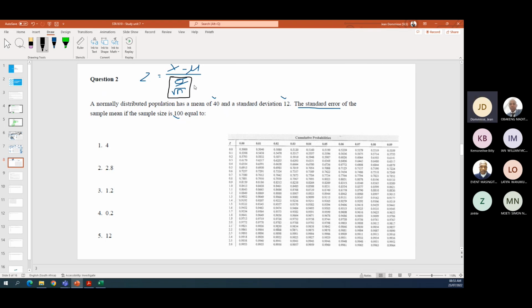Okay, so if you look at the standard error, it is the standard deviation, that is 12, divided by the square root of the sample.